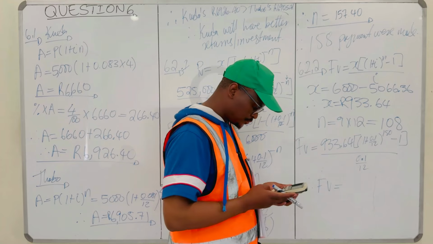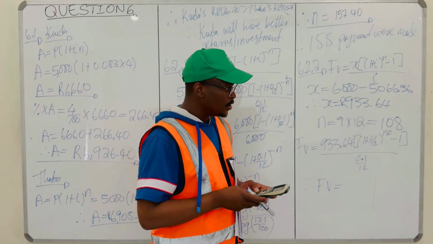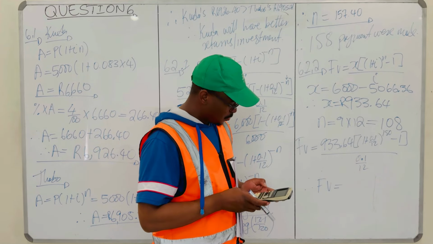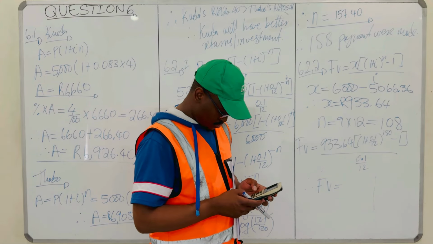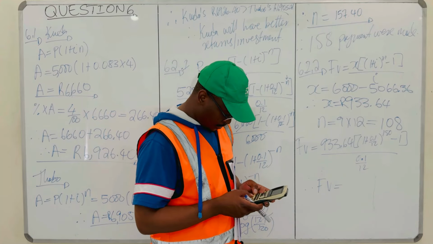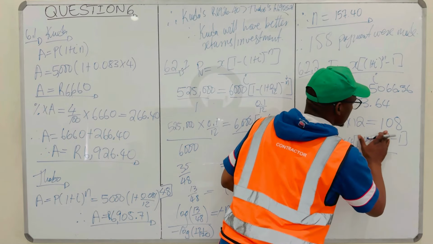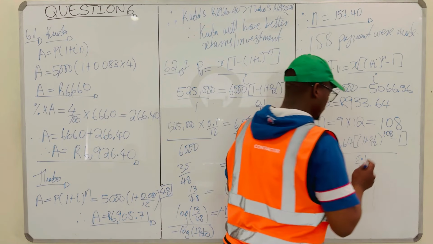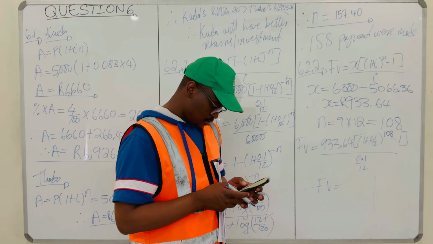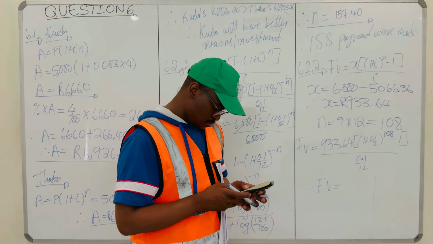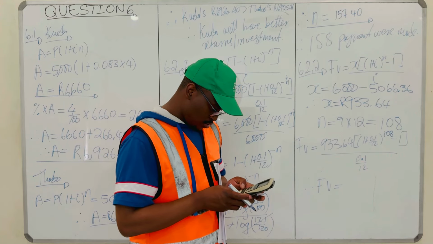So it will be 933.64 times (1 plus 0.1 over 12) raised to the power of 108, sorry, it's not 180, it's 108, minus 1, over 0.1 over 12.